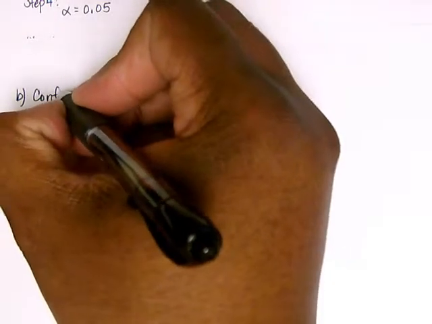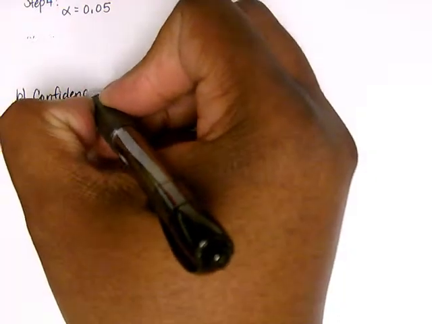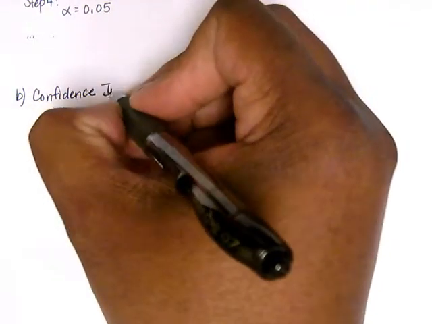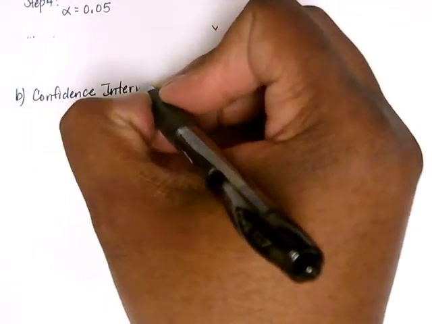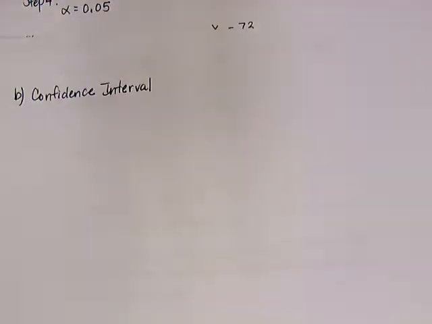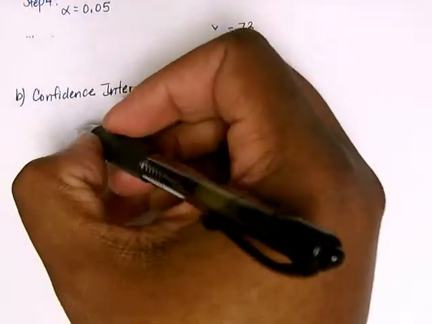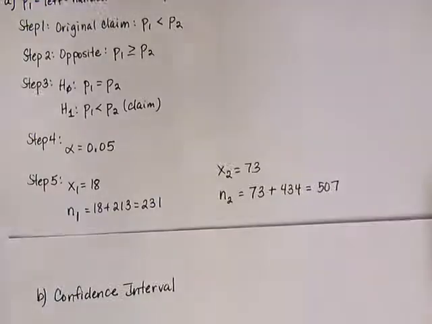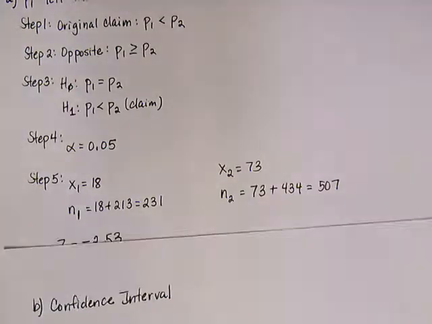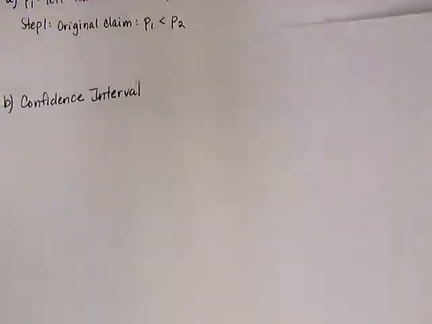So here part B is going to be the confidence interval. Now in this case, our alpha level was 0.05. The alternative hypothesis had less than. So that tells me right there it is a left tail test.